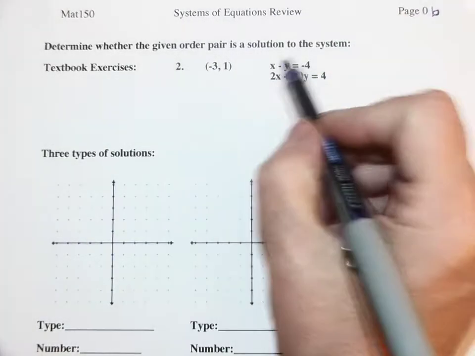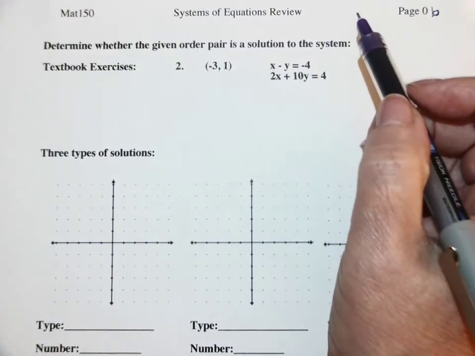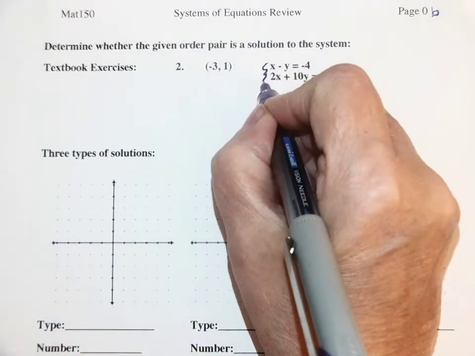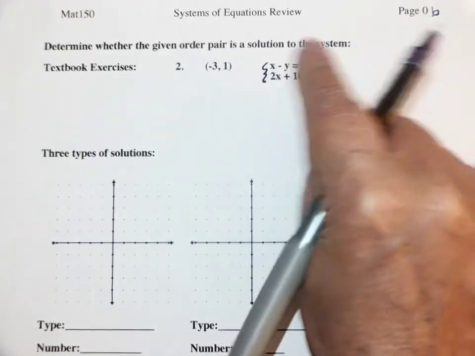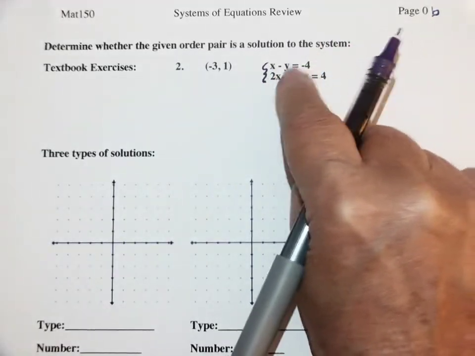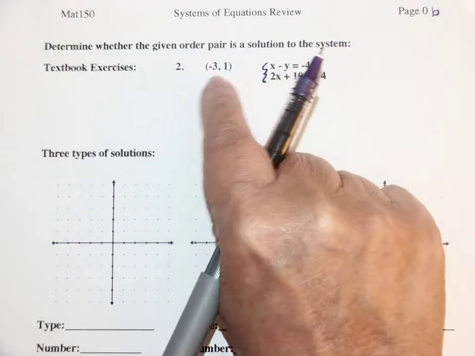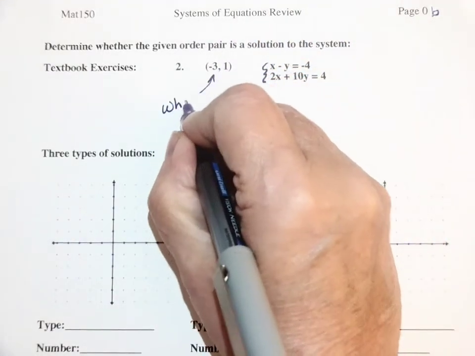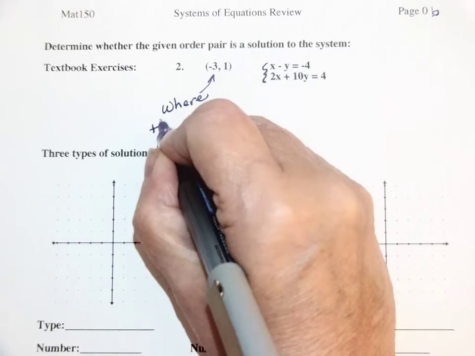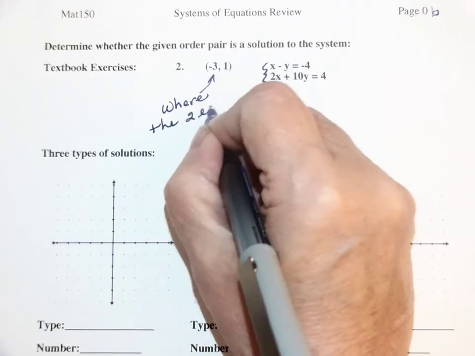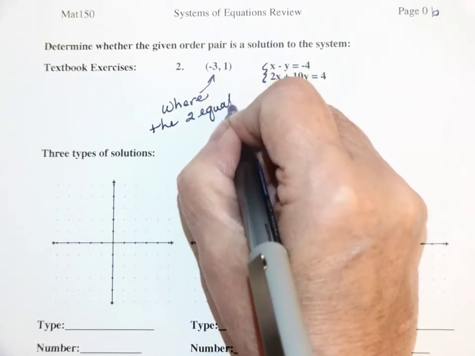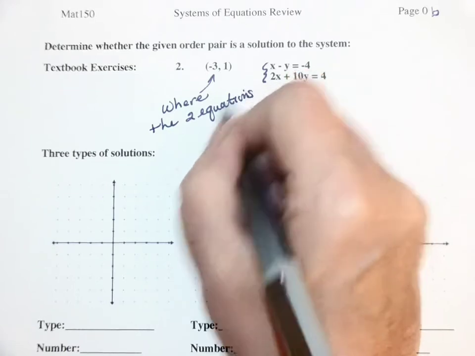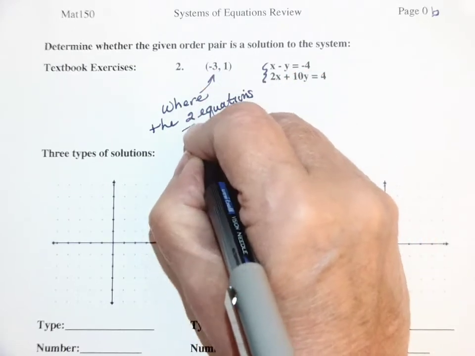The solution to a system of equations, and here's two equations, two unknowns, so there's something they have in common, is an ordered pair. Now this is where they cross, where the two equations intersect.